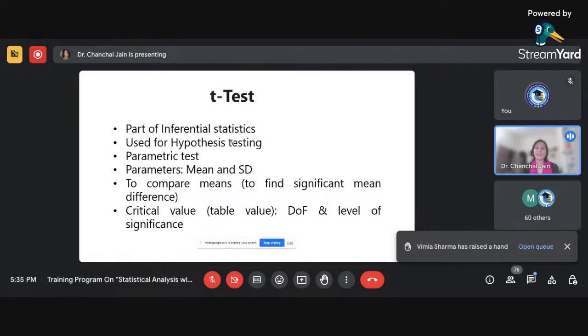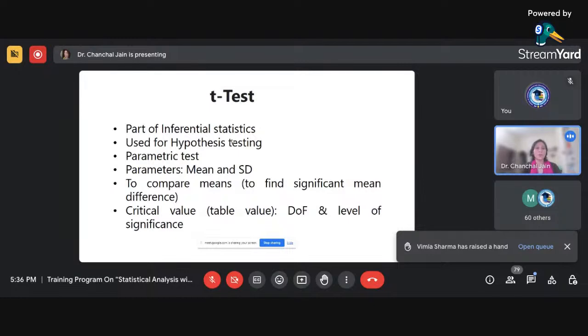Further, after checking the data set, we are going to use the same data for testing of hypotheses. Testing of hypotheses comes under inferential statistics. Inferential statistics is a part of statistics which allows us to check something for the population using the sample.